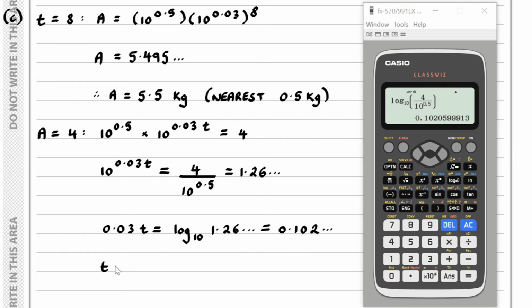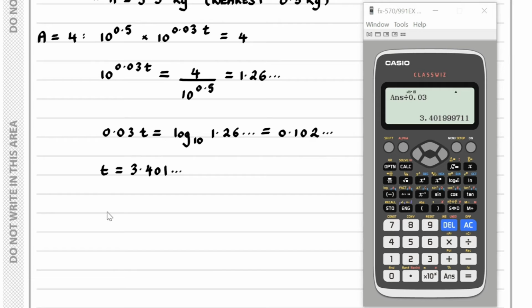And so therefore t is equal to 0.102, etc. divided by 0.03, which is 3.401, etc. And so therefore for the number of weeks it will take, we round this up, we have 4 weeks. It will take for the mass of algae to reach 4 kilograms.